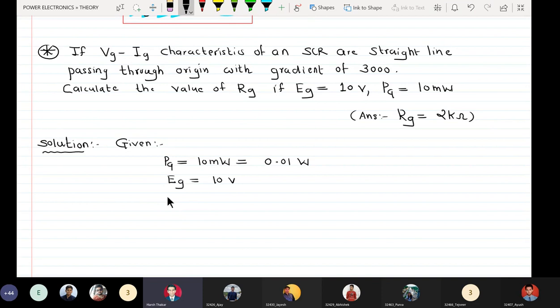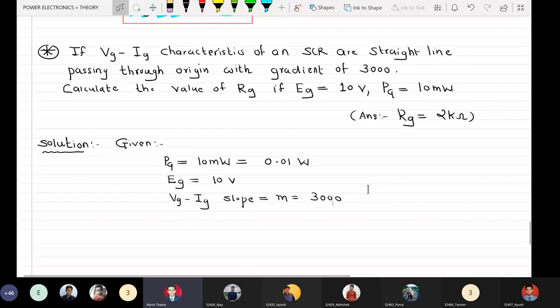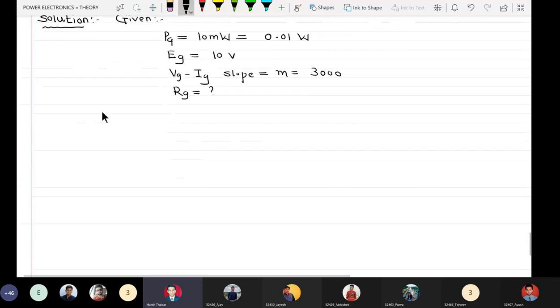Given slope m equal to 3000, and Rg is to be found out.